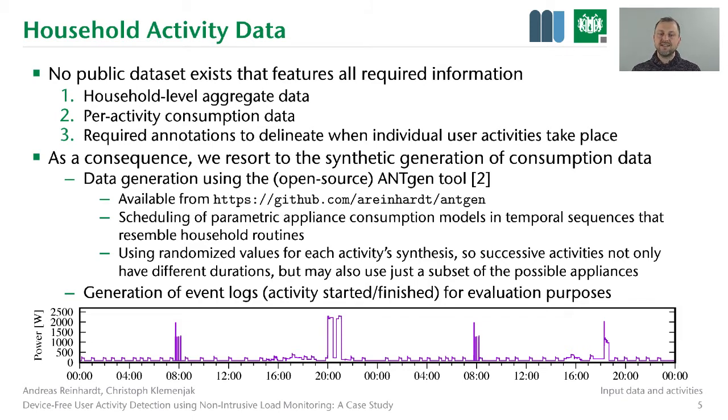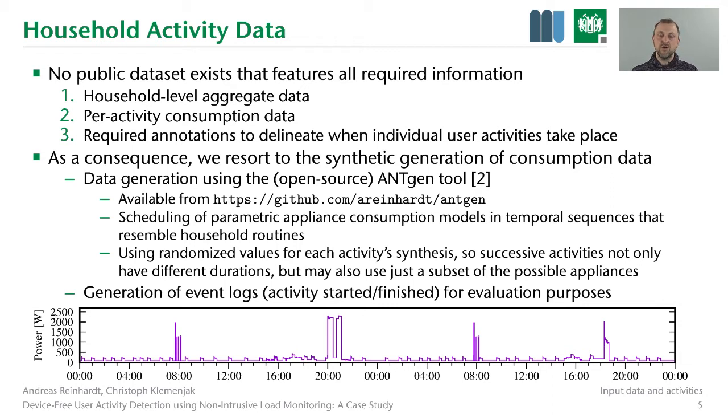In fact, there is no real-world data set that has all the activity annotations we need. None of them that we are aware of have consumption attributed to a certain activity. And also the annotations of when activities started and when they were completed, that's also something currently available datasets do not provide. And for that reason, we decided to use synthetic data to evaluate NIAD.